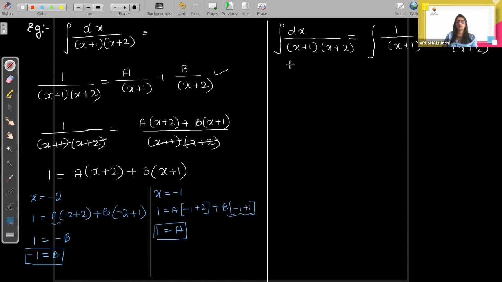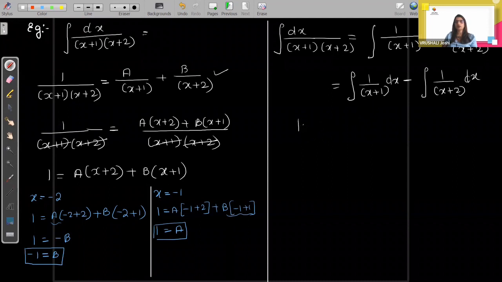Now we have to solve this. So if you call this as I, correct? So this will be what? This is going to be integration of 1 by x plus 1 dx minus, because plus into minus will become minus, integration of 1 by x plus 2 dx, correct? So what is the integration of 1 by x plus 1?